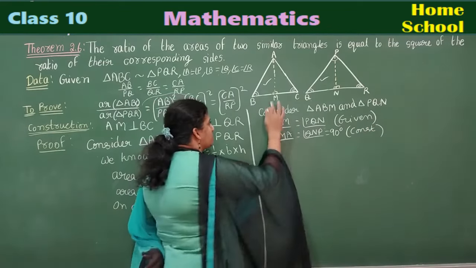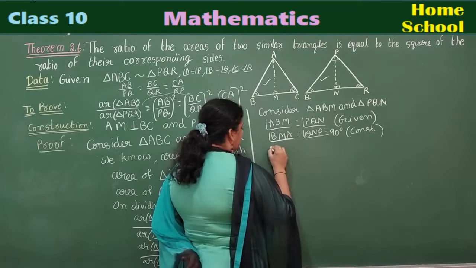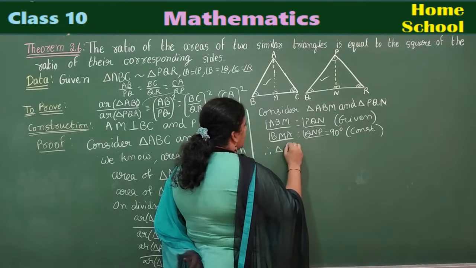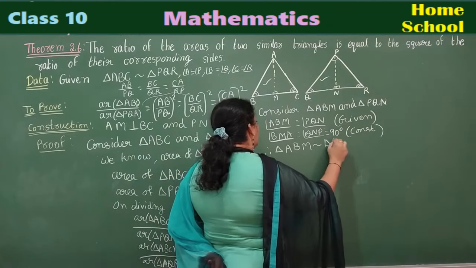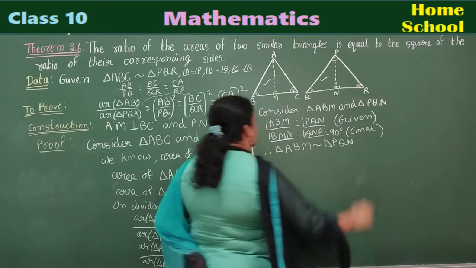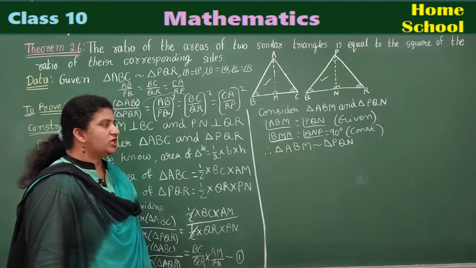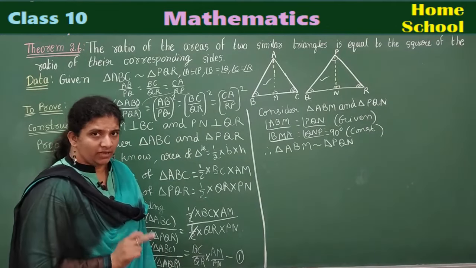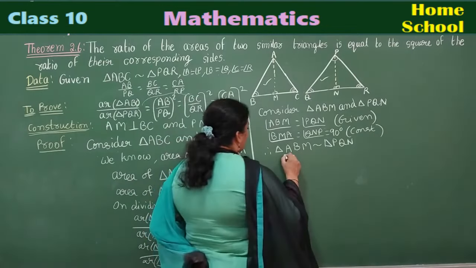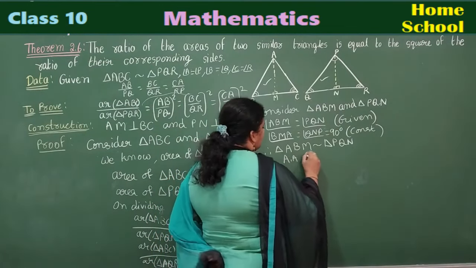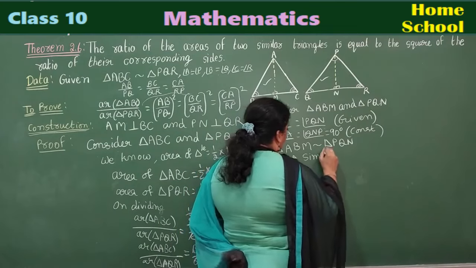So now these two triangles are similar. Therefore, triangle ABM is similar to triangle PQN. By which similarity criteria? By angle similarity criteria.